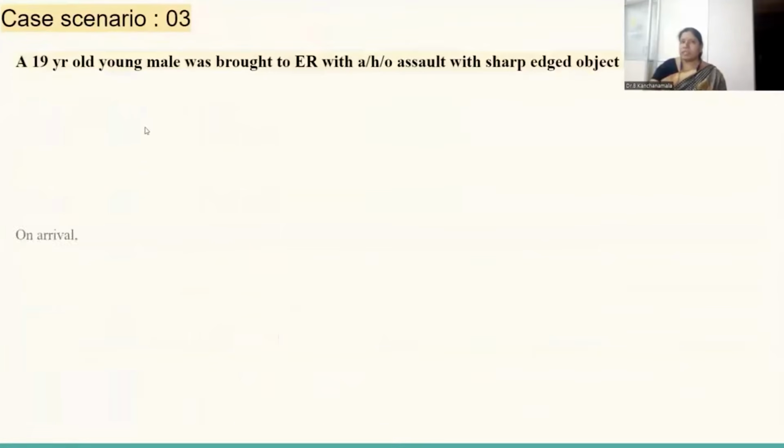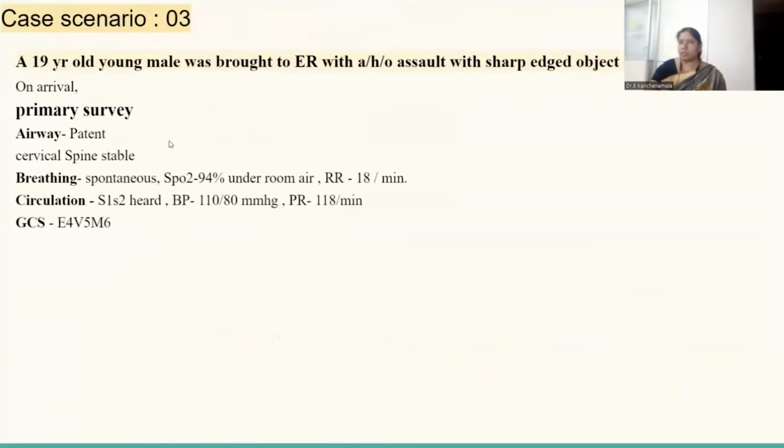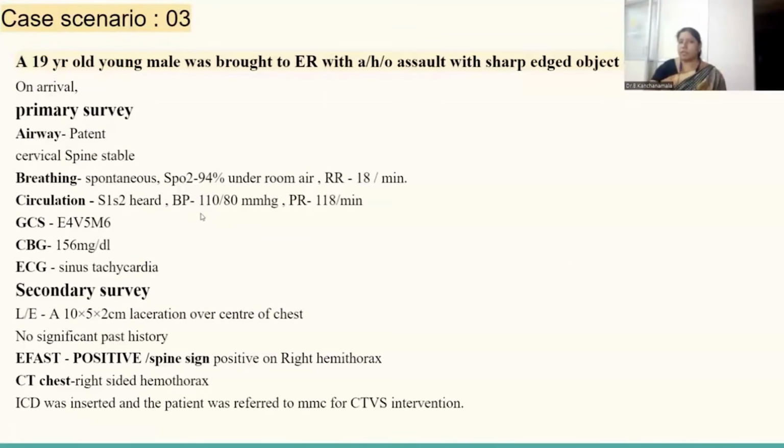The third case scenario is that of a 19-year-old male who was brought to the ER with a history of assault with a sharp-edged object on the right side of the chest. On primary survey, the airway was patent and the patient was breathing spontaneously with a saturation of 94% in room air. On circulation, the heart rate was 118 per minute.